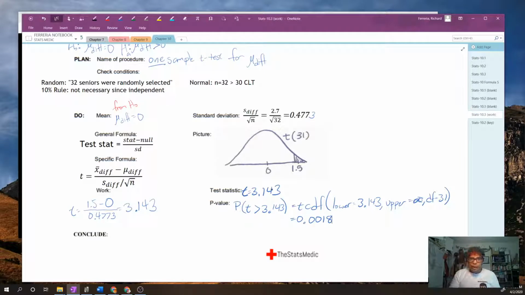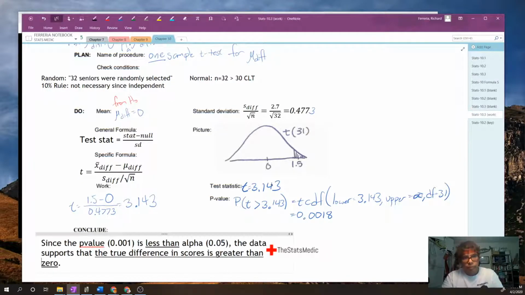And I believe so. That number is less than 0.05. So since we have a p-value that's smaller than alpha, we have support for the alternative hypothesis. So since the p-value 0.001 is less than alpha 0.05, the data supports that the true difference in scores is greater than 0.